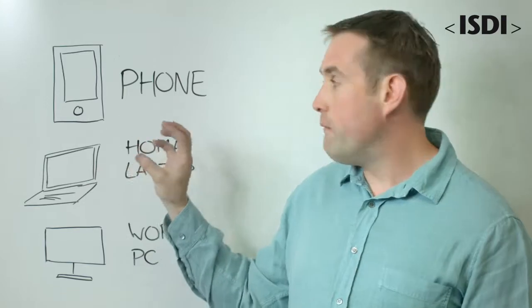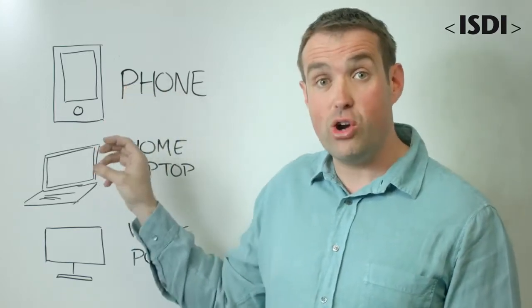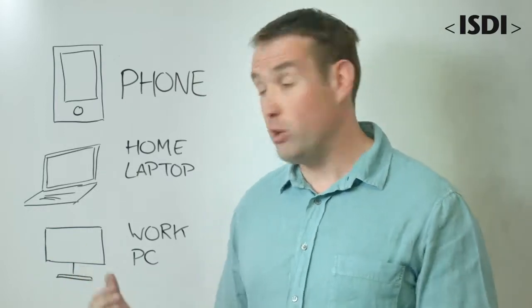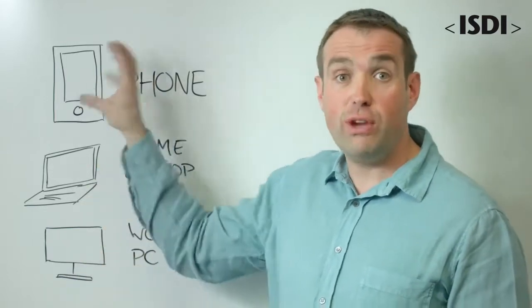Now, unfortunately, by default, your web analytics, Google Analytics, is not going to track that as the same person. It thinks you on the phone is a different person to you on the home computer. And even worse, because you've got to rush off to work, when you want to finish your shopping in your lunch break, you're now on a third computer, which is your work PC. So these look, at first sight, like 3 different people.